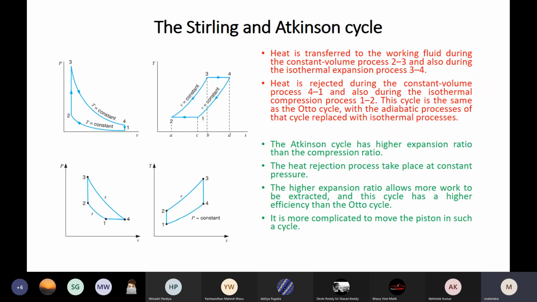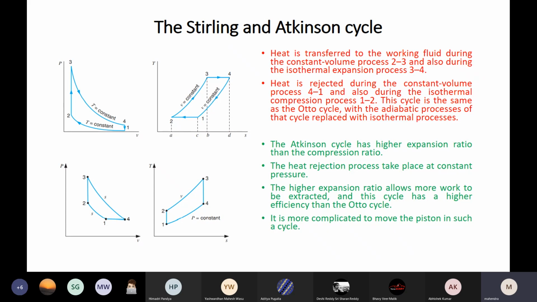Now, apart from this, we have two more cycles: the Stirling cycle and the Atkinson cycle. In the Stirling cycle, the two isentropic processes of the Otto cycle are replaced by isothermal processes.